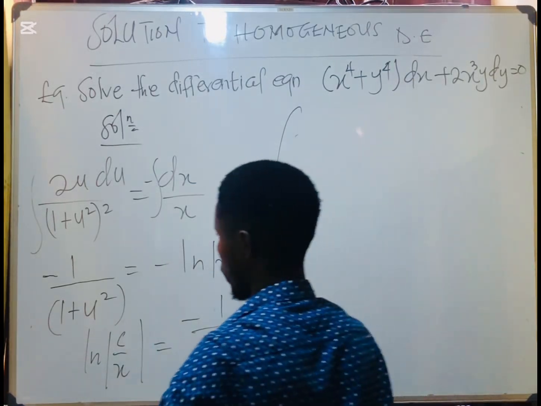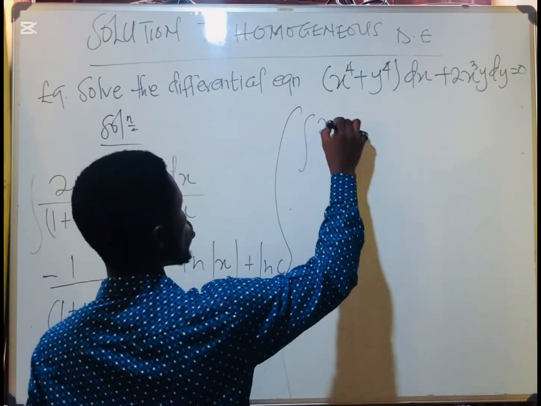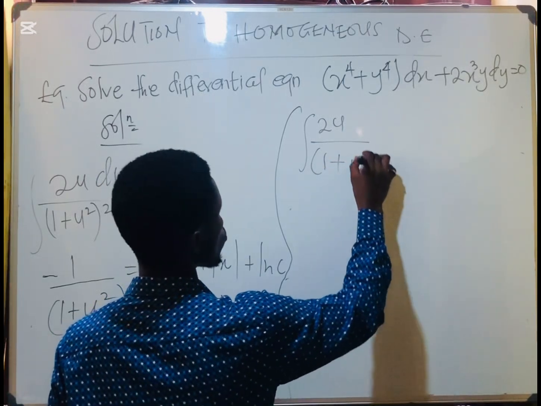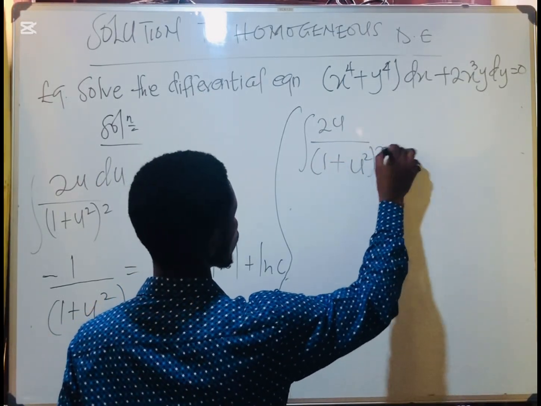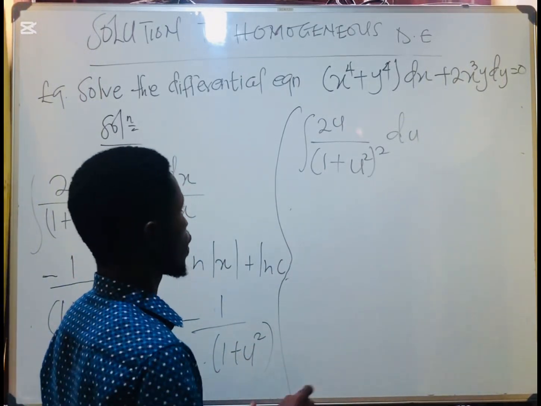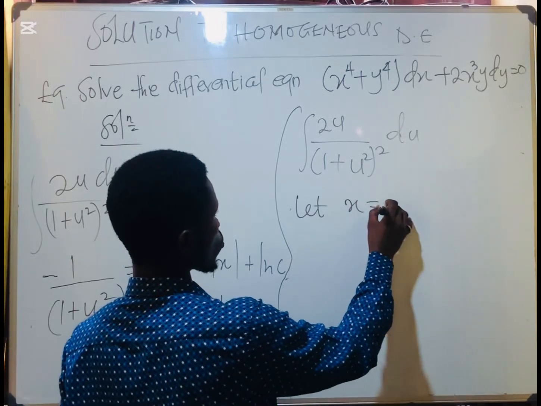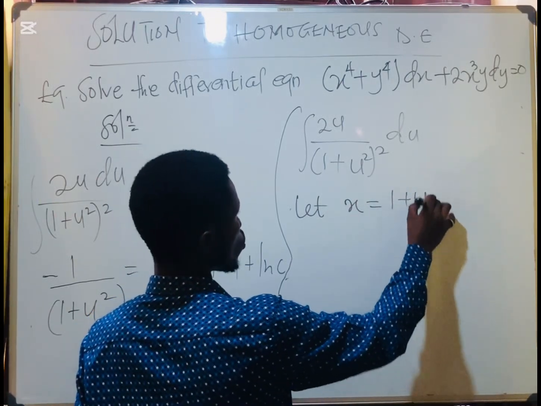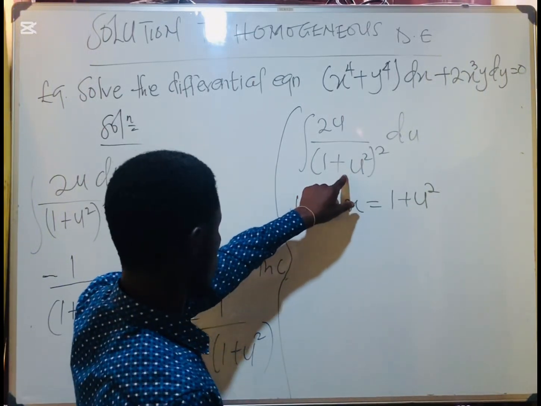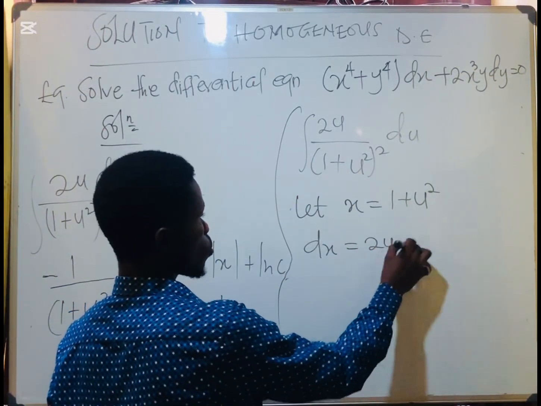Let me show you how I integrated this one. We have something like this: 2u over 1 plus u squared, then all squared du. Okay, my marker. So we said that let's say x to be equals to 1 plus u squared. Okay, I'm just showing how you integrate this one. So this side will become dx equals 2u du.